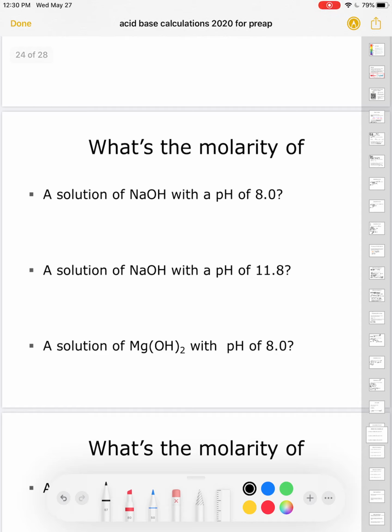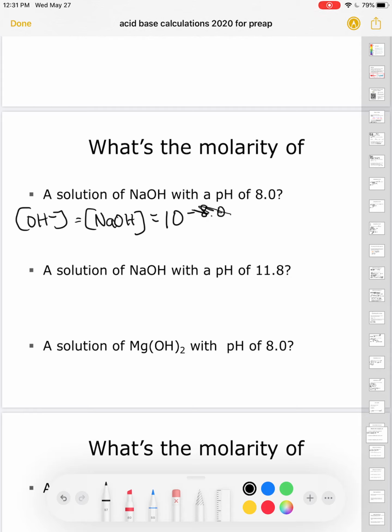So if you have sodium hydroxide with a pH of 8, sodium hydroxide is a monobasic base. So my OH minus concentration is going to be equal to my NaOH concentration, and that's going to be equal to 10 raised to the negative 8.0. Oh, you know what I did?